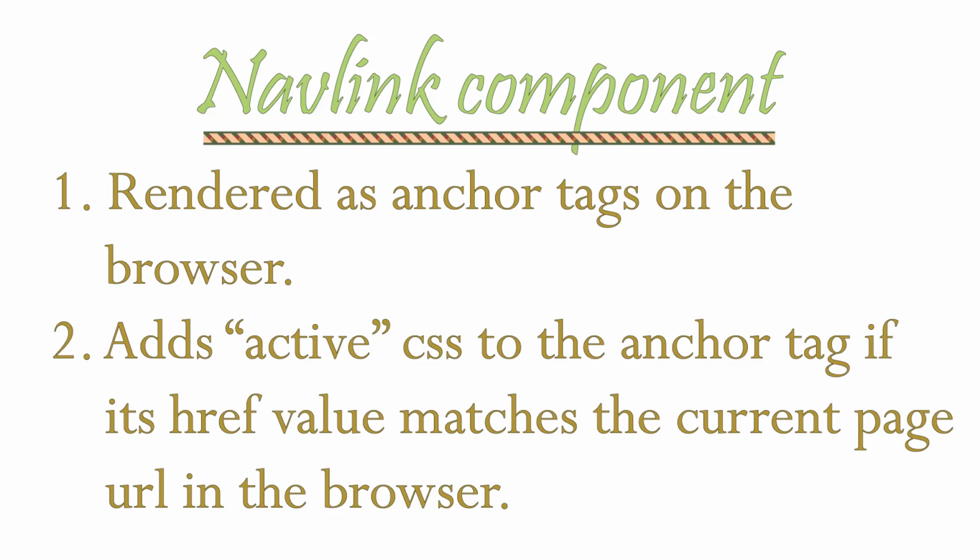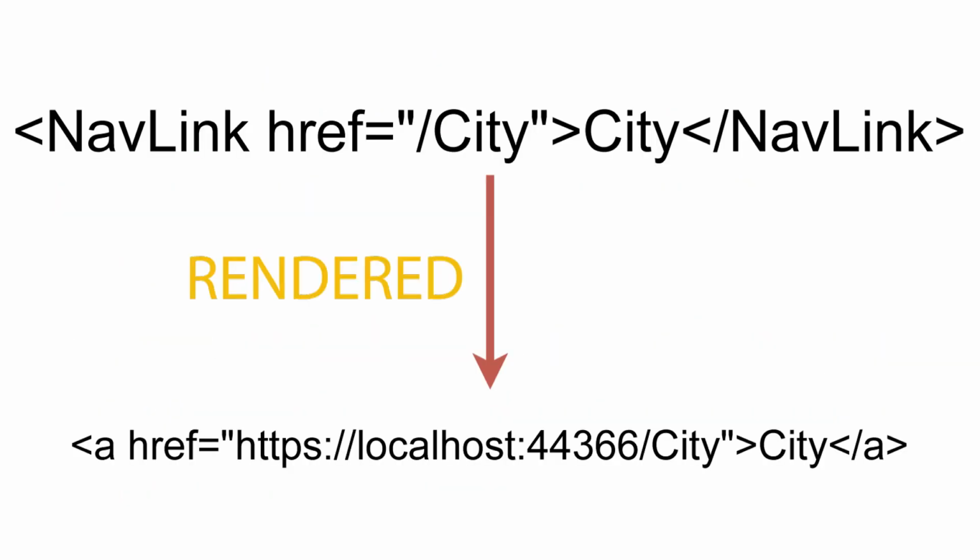The NavLink component in Blazor is used for creating anchor tags for navigation. There is an advantage when you use this component because it adds a CSS class called active when the value of the href attribute matches the current page's URL.